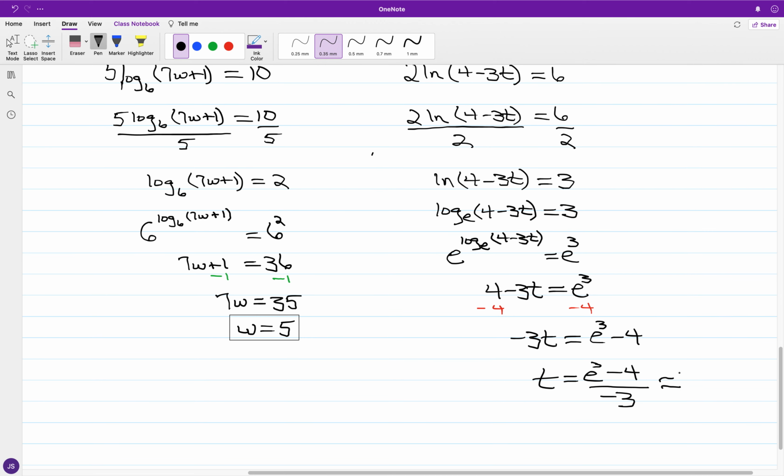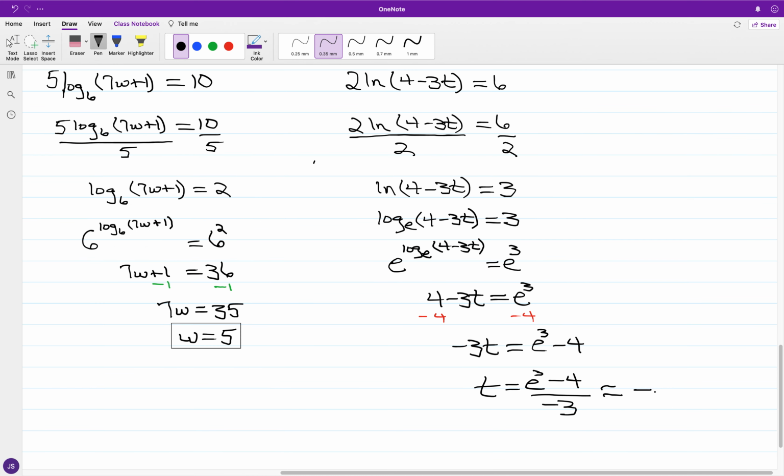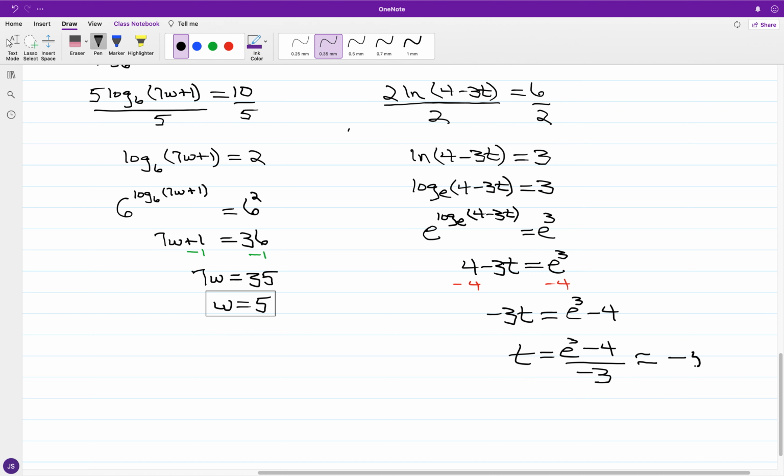And as a decimal approximation, e to the third minus 4 is a number that's just over 16, and dividing by negative 3, to about the nearest 4 decimal places, this will be about negative 5.3618.